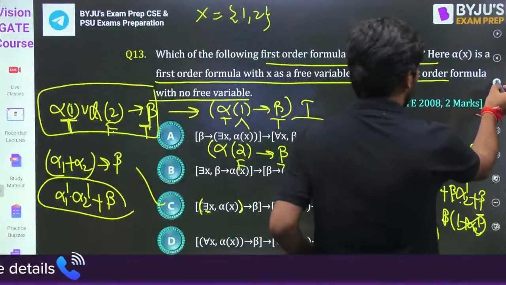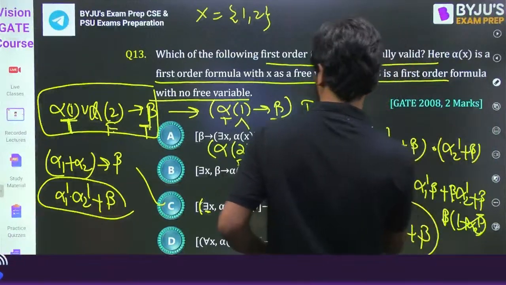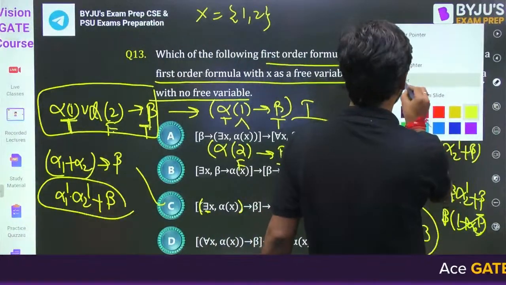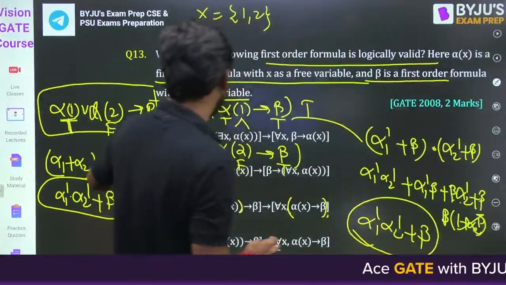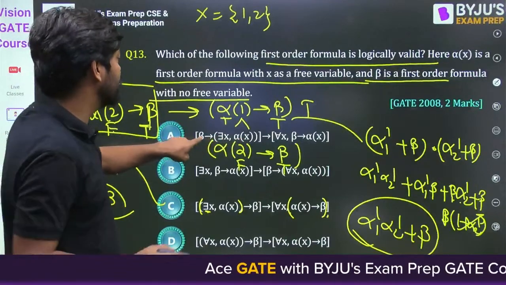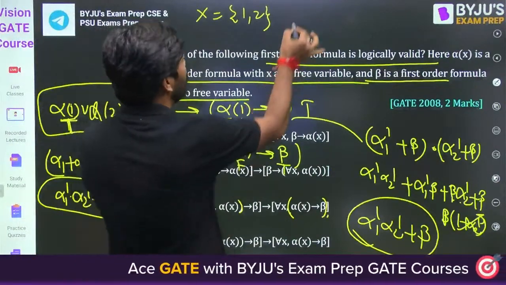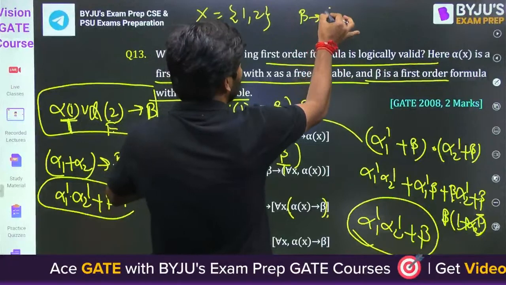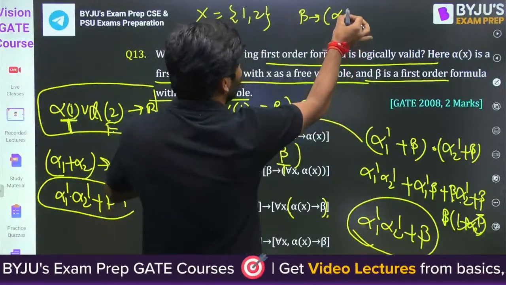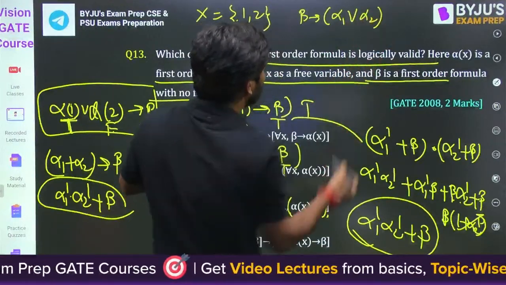Okay, so I'm removing this now because I don't have space. Or I can explain a little bit above here. What about this one? They are telling beta implies there exists x alpha x. Actually, they are telling beta implies alpha 1 or alpha 2. This is the left hand side.